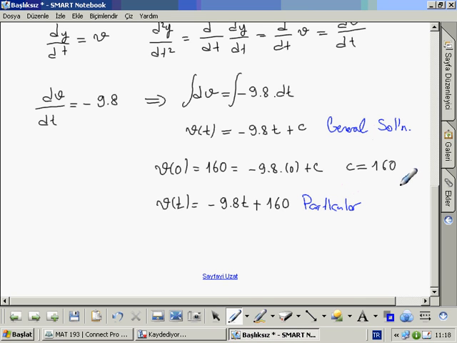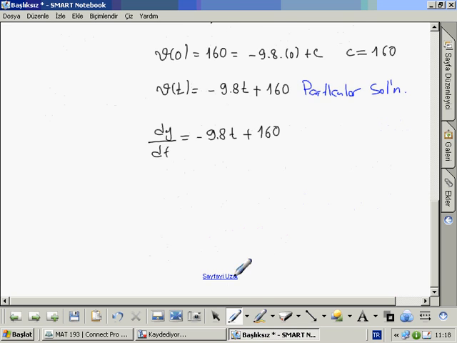We have just evaluated it by the initial value condition. After that, dy/dt equals minus 9.8 t plus 160.